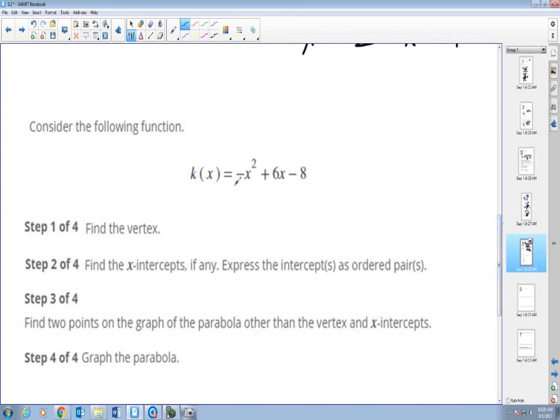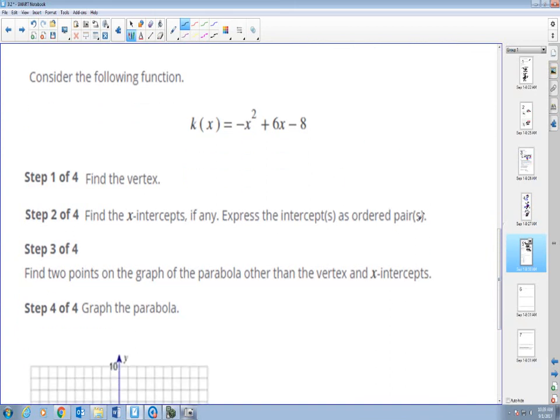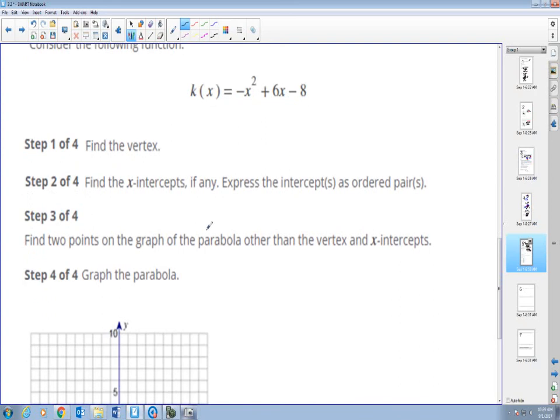Alright, by looking at that leading coefficient, I know my parabola is going to open downward. Alright, finding the vertex. Negative b over 2a. Let's give it a try. a is -1, b is 6, c is -8.